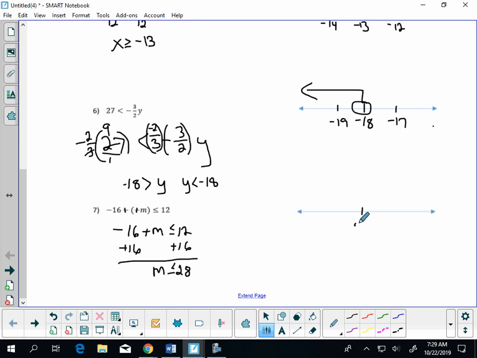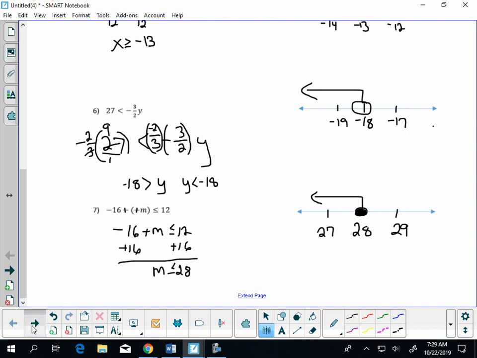Put 28 in the center, something bigger, something smaller, closed dot. That's smaller, so it needs to be shaded to the left. When you are doing this, you need to have at least 3 hash marks, and they need to be evenly spaced, and they need to be labeled.